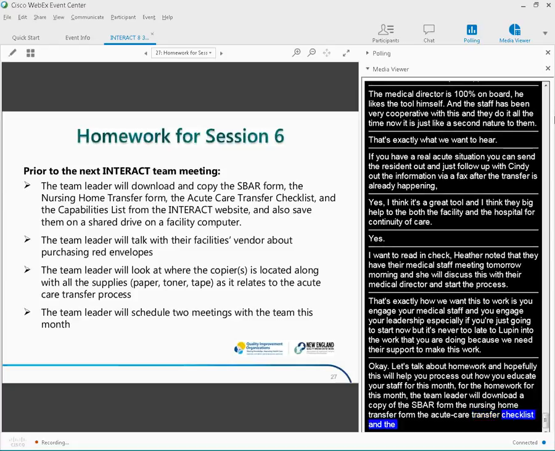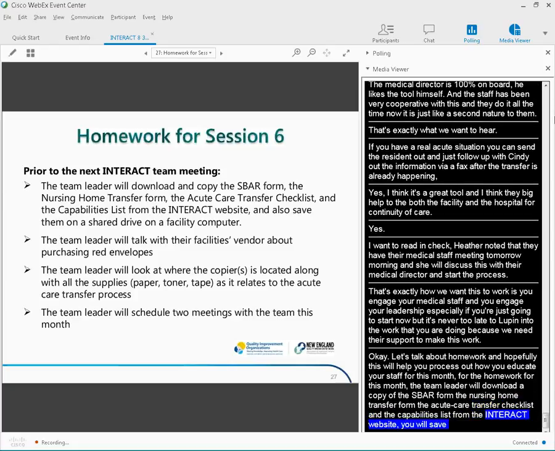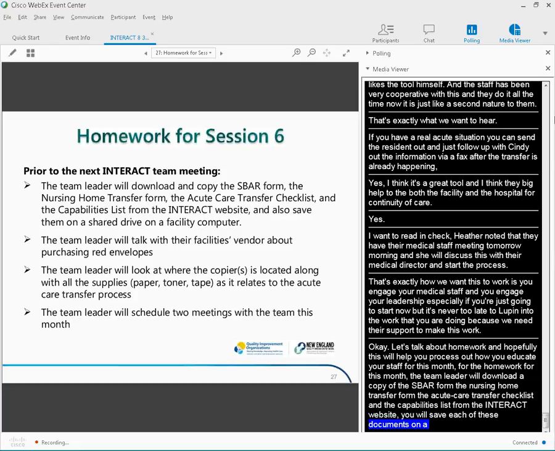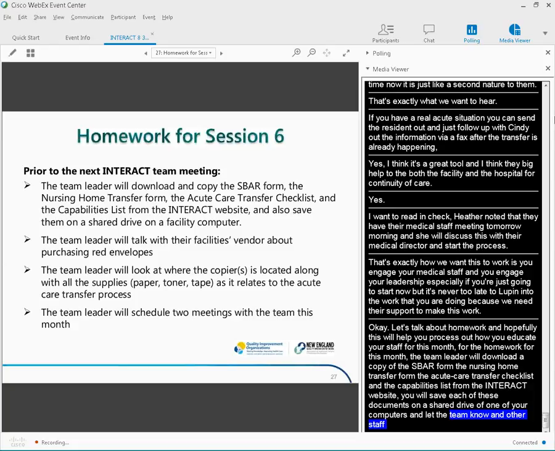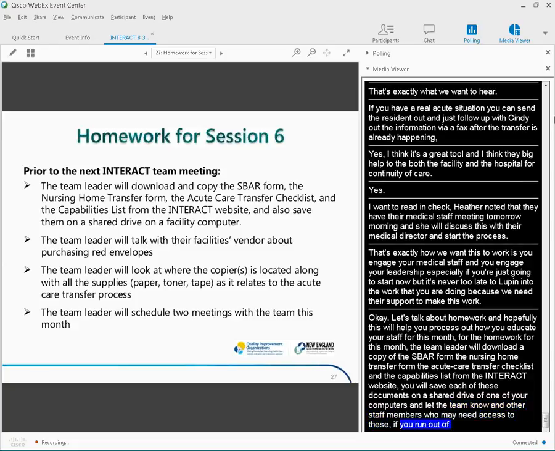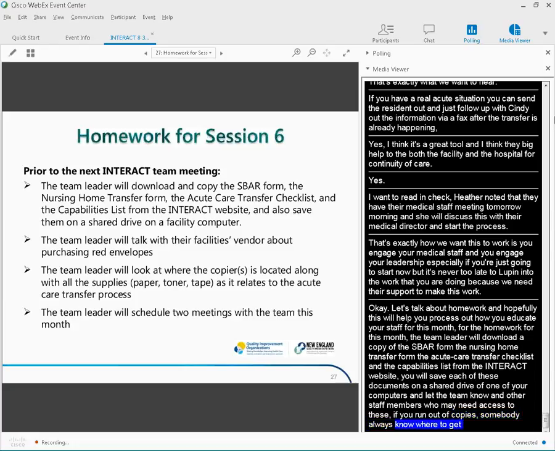Then you're going to save each of these documents on a shared drive of one of your facility's computers, and let the team and other staff members who may need access know, so that if you run out of copies, somebody will always know where to get more. That's why this is always part of the homework.